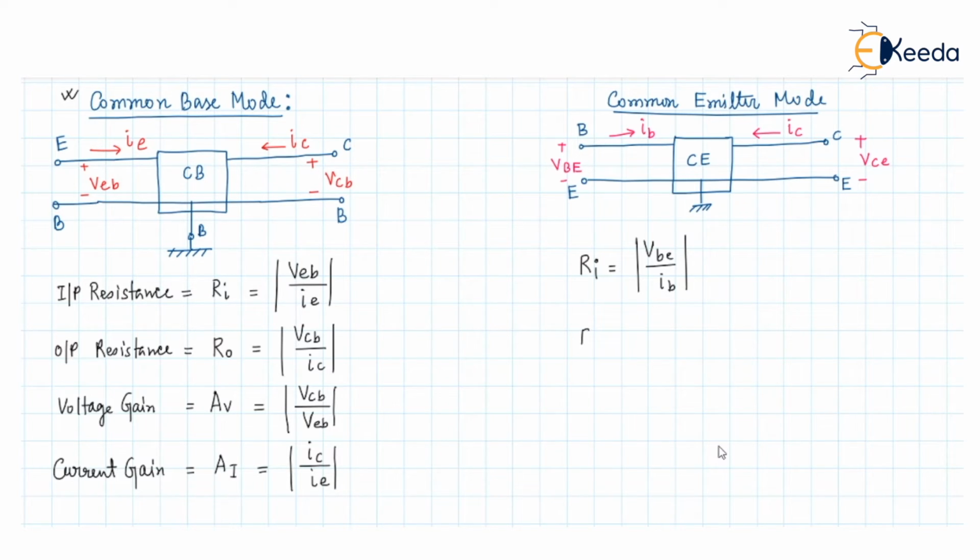Similarly, if I find the Ro value, that is the output resistance value, it will be the output voltage VCE divided by IC.